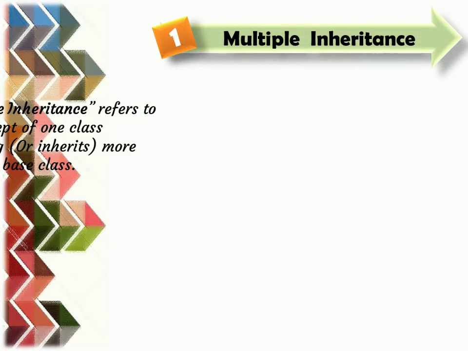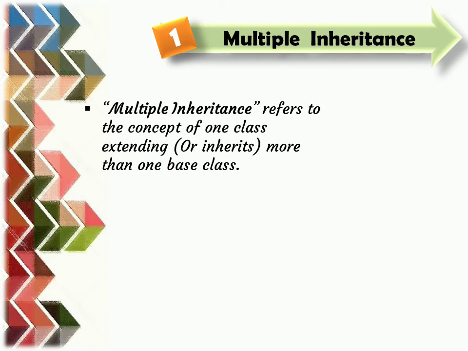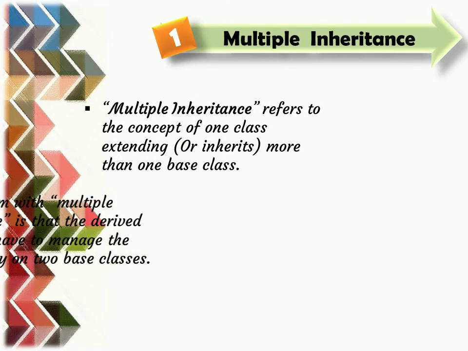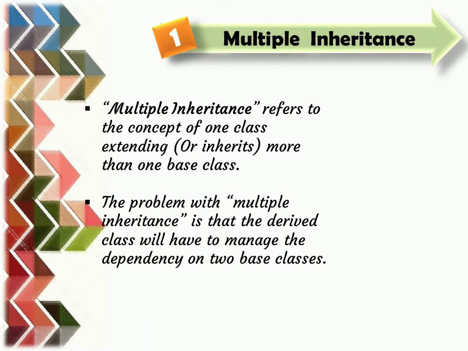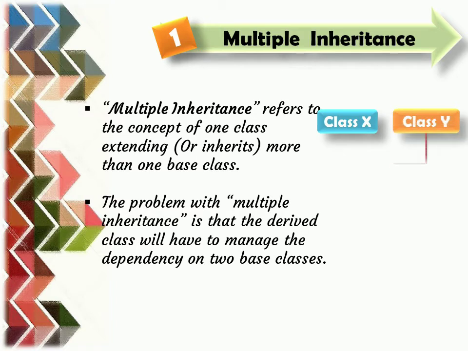Next we'll move on to multiple inheritance. It refers to the concept of one class extending more than one base class. It means a single derived class can extend more than one base class. But here we have one problem: in Java we cannot extend many classes for one single derived class.